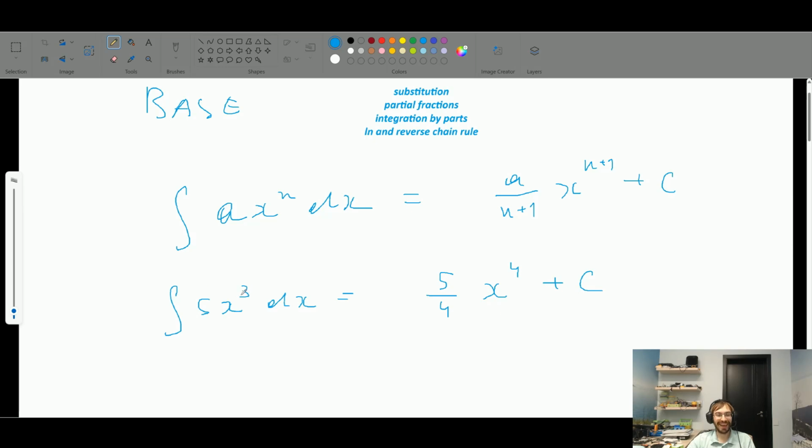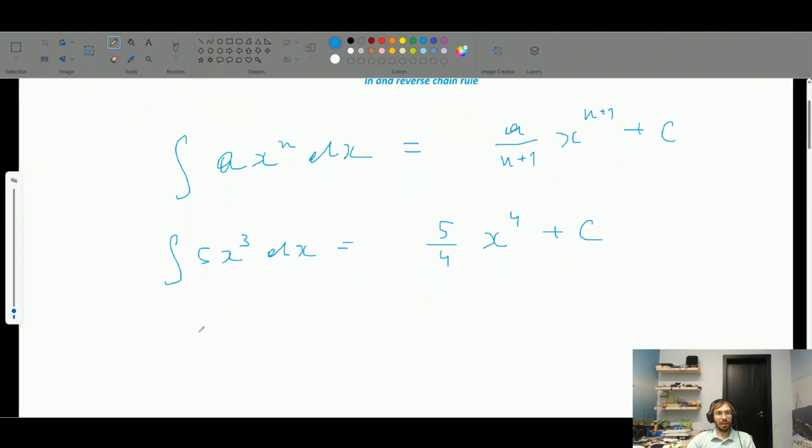So this is one of the easiest examples of integration. This works for every and any power, but not minus 1. The problem arises when x is in the power minus 1. Integral of, let's say, 5x to the power minus 1 does not work at all in this standard method, because you will get x to the power 0 and then 5, you'll have to divide by 0. This raises a lot of questions, and that's why it is not integrated using this method.